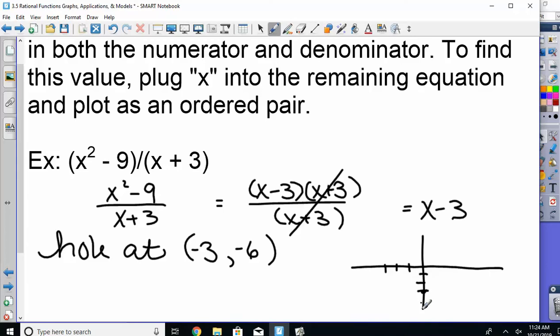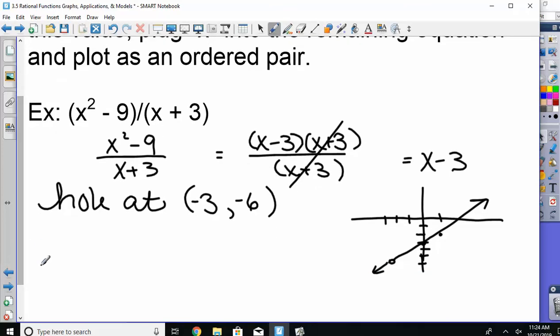And what we see is on this line you would have an open circle at negative 3, negative 6. And the rest of the line would be filled in. So when you have something that cancels, that does not give you a vertical asymptote, that gives you an empty circle on your graph. Still takes it out of the domain, but it does change the look on the graph a bit. Okay.